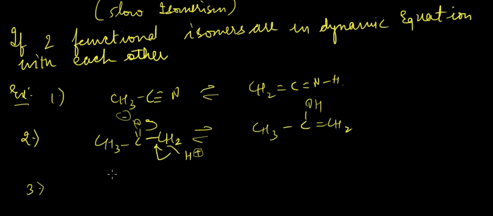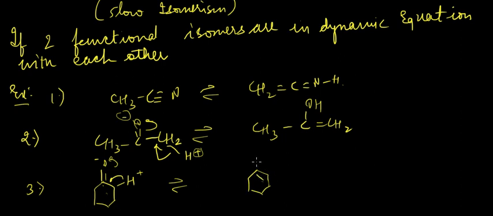Third, we have something like this. So we remove this alpha hydrogen, negative charge goes here, and the H plus will be collected by O minus. Or rather, it's not a benzene, let's only be simple cyclohexane, because in benzene structure it was not possible.